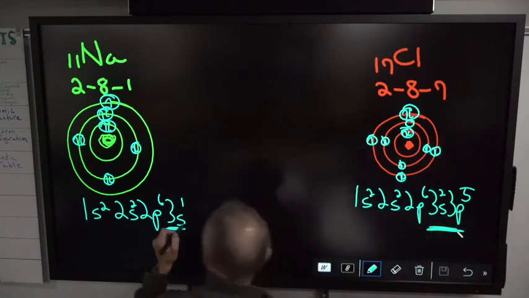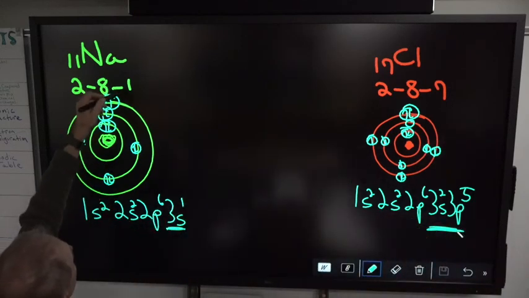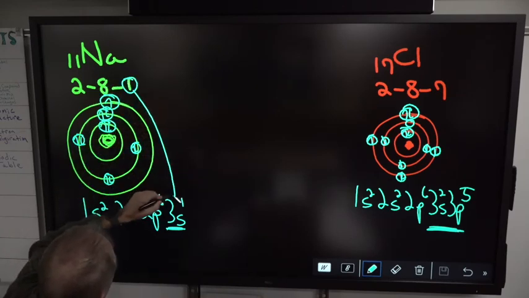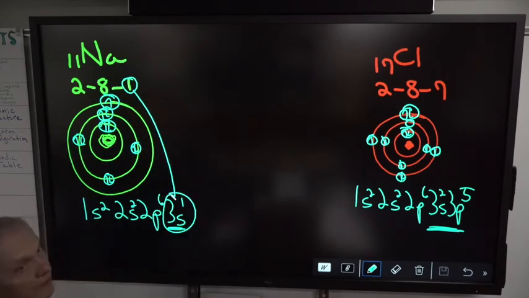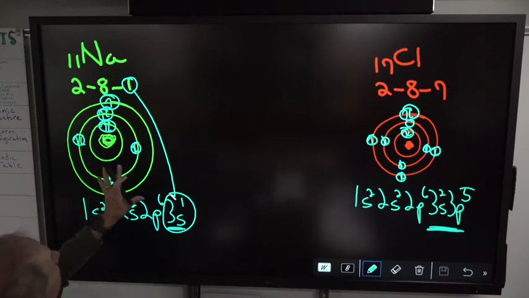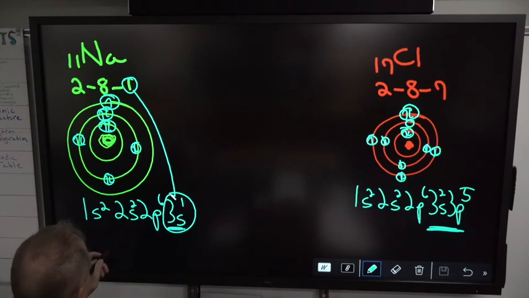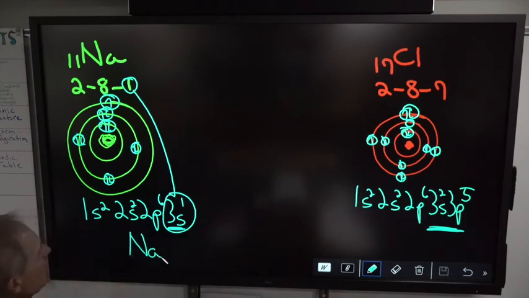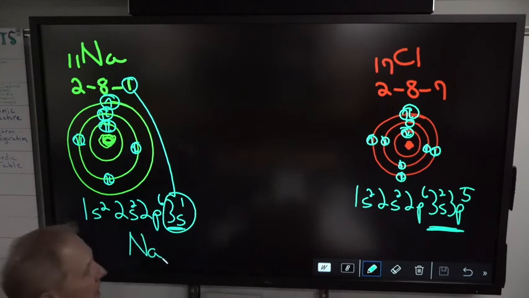So over here, we have 1 valence electron. So the electron dot for sodium would look like this: Na with 1 dot for the S1.